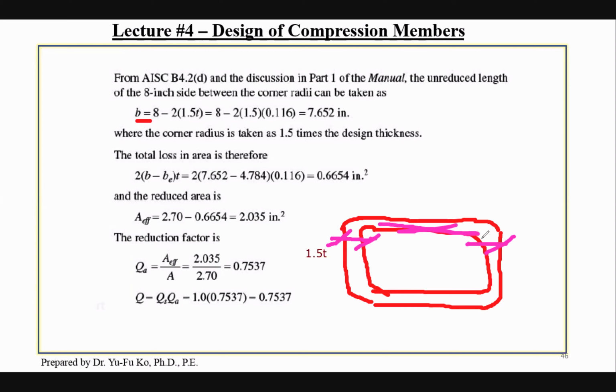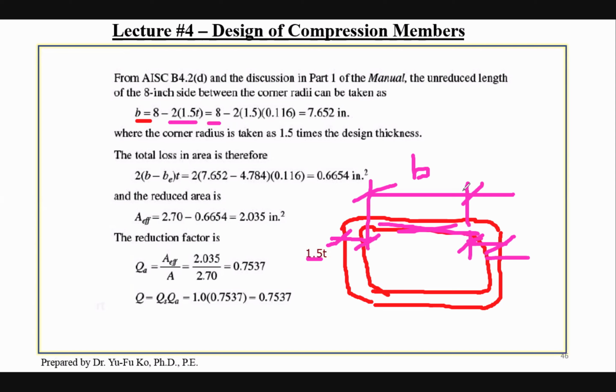Likewise, on the other side, from here to here is also 1.5 t. So your actual distance to measure for the B is from here to here. So it's 8 inches, the nominal length, minus 3t, 1.5 t on both sides.